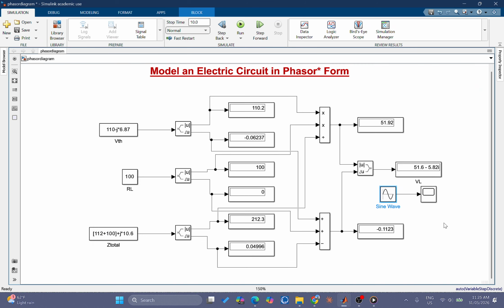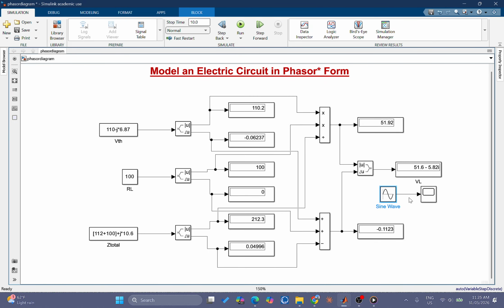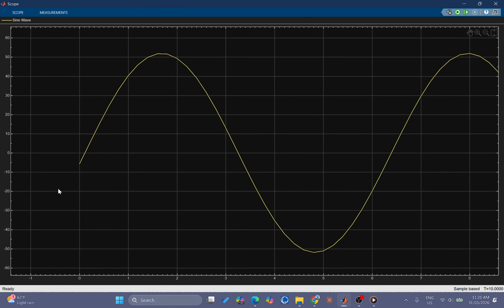By giving it to the sine wave block, I am generating the load voltage waveform here. It is a sinusoidal wave, and the maximum load voltage is 51 volts at a phase angle of about minus 0.11 radians.